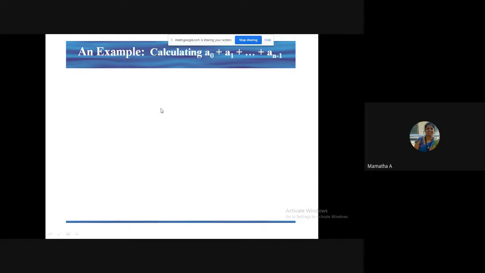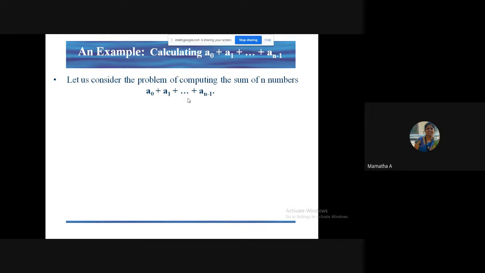So now with the general plan, can anybody tell me how I will find the sum of n numbers in the array, where the array looks like this, A0 to A(n minus 1)? How will you compute this sum by using divide and conquer?